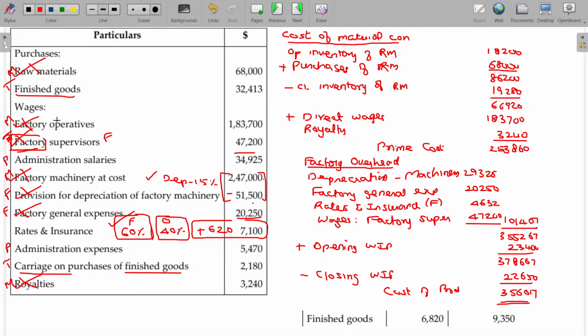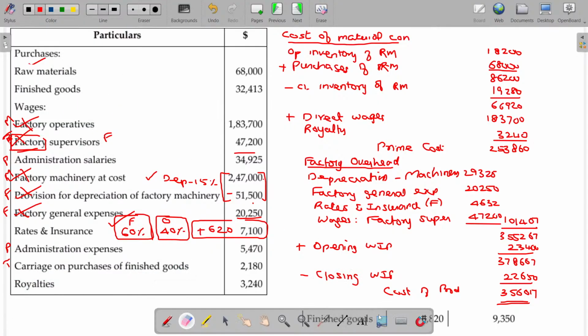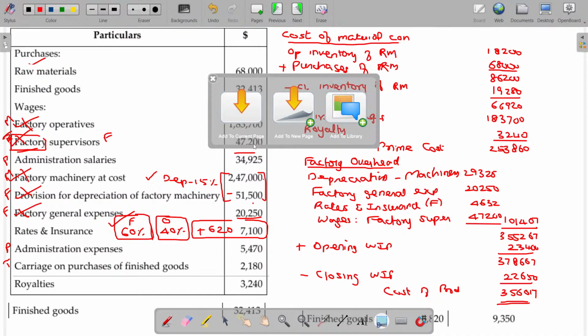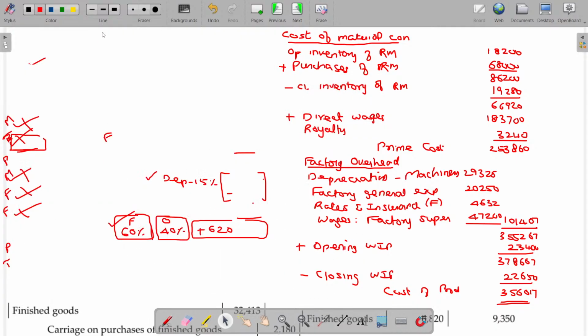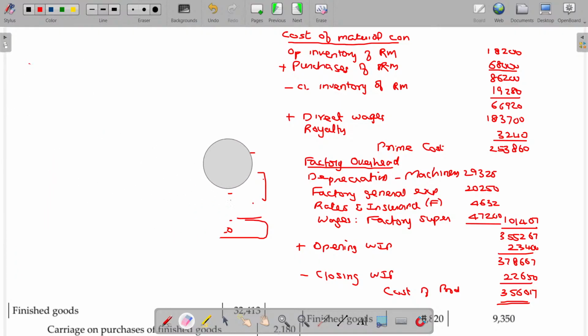These two items are there for trading section. The other will be in the P&L section, so it will not come. So finished goods purchases will come, and carriage on purchase of finished goods will also come. Rest will not come, so I'll eliminate them to make the space available for me to work out the next one.